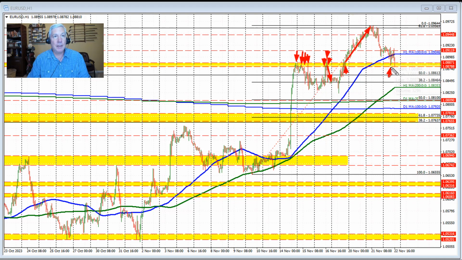So we are back down testing this level and trying to break below it. If we do get below that level, we'll look toward the 50% of this last trend move to the upside. I took the price this way for this current currency pair. That level comes in at 1.08613. So that's the look at the euro versus US dollar from a technical perspective.